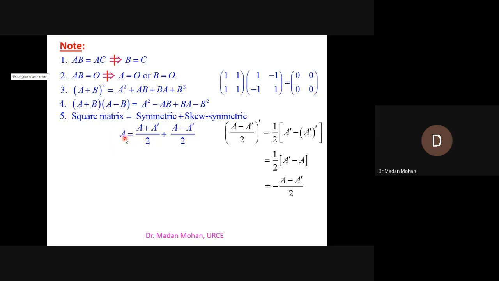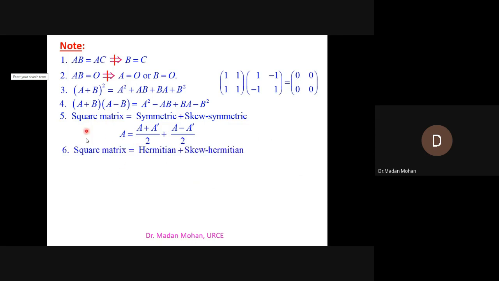So a matrix can be written as the sum of two matrices in which the first one is symmetric, the second one is skew symmetric. In particular, this is called the symmetric part of A. And this is called the skew symmetric part of A.